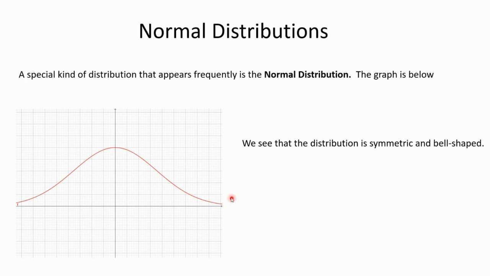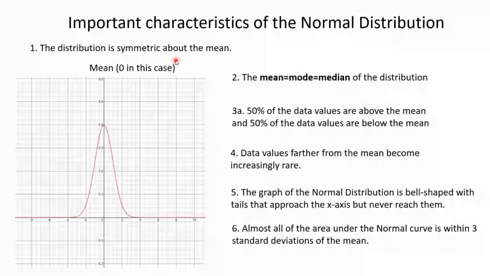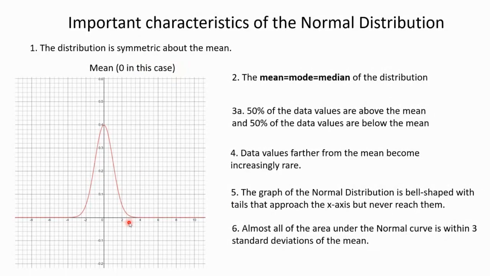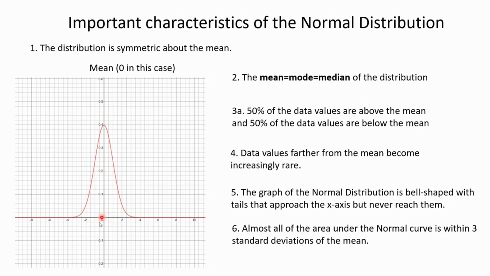The vertical line that it's symmetric about is where the mean, the average, is. The distribution is symmetric about the mean, which in this case is 0.